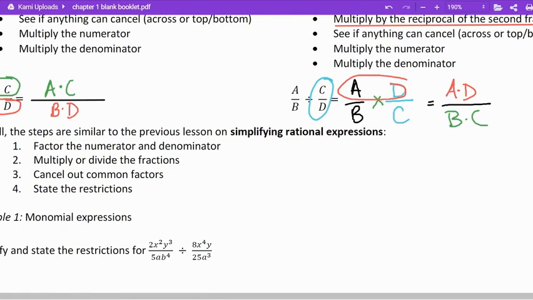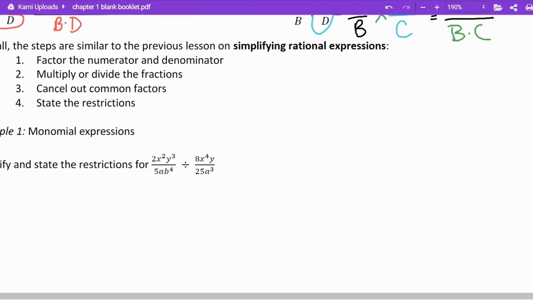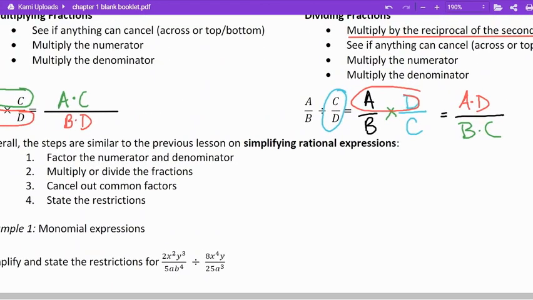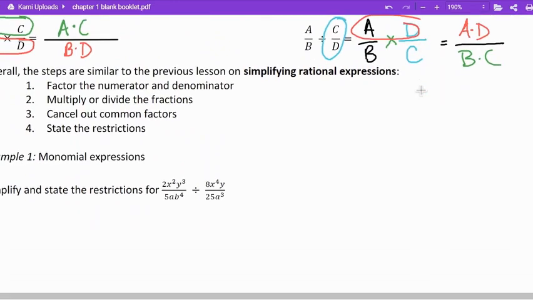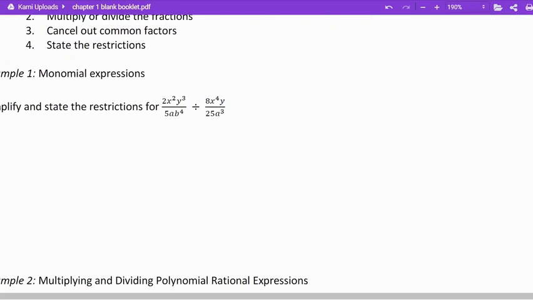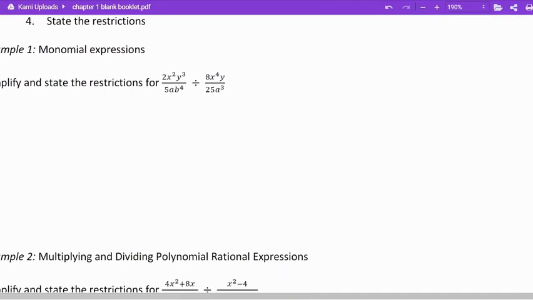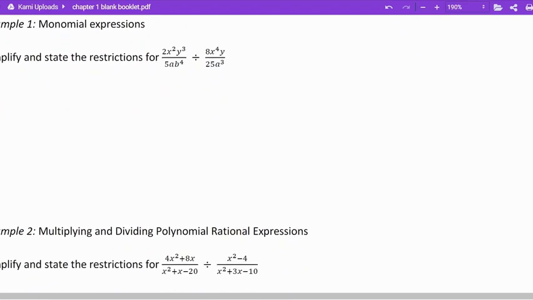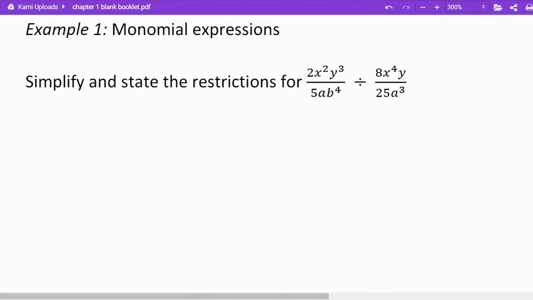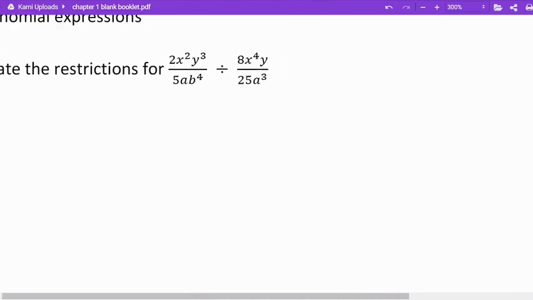So let's take this concept and apply it to rational expressions. And so instead of just cross-canceling and simplifying, we'll be factoring. Okay. And as always, we are going to state those restrictions. So let's first practice multiplying or dividing rational expressions that are built of monomials.